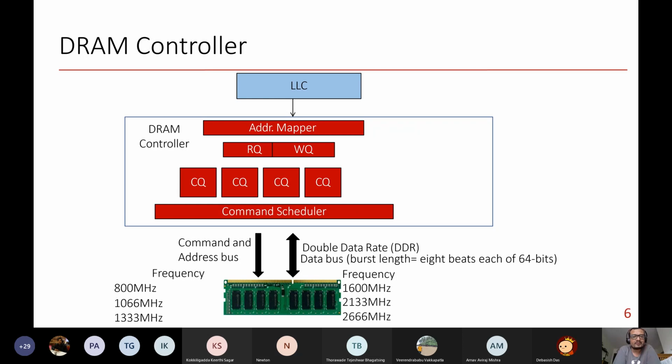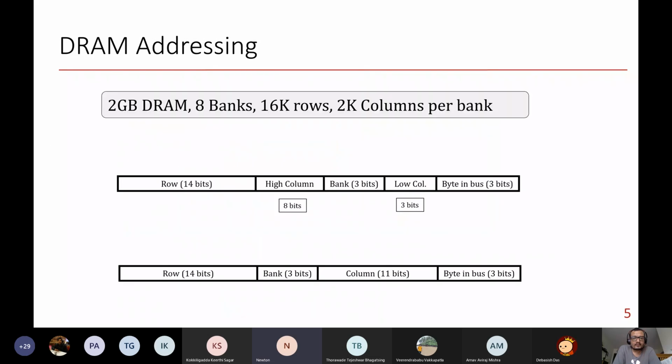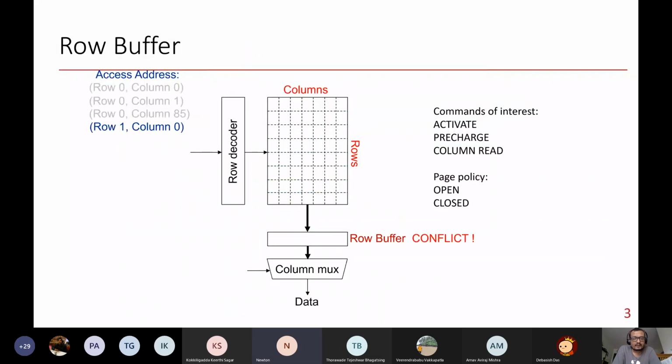So when we give a row address and then a column address, is the DRAM internally organized such that you read, let's say, 8 bits at a time?